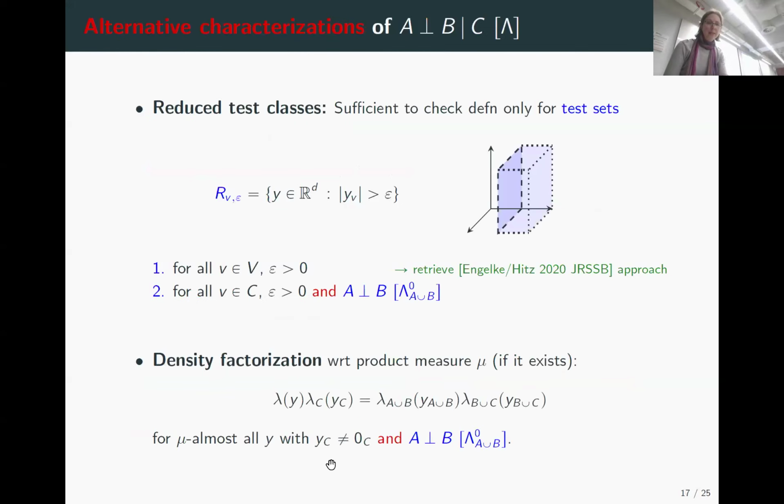Okay, whenever you have test classes, the first question is: can we reduce the test class and make our lives easier so that we have to test less? Essentially the answer is yes, we can reduce the test class. We don't have to test for every little cube.